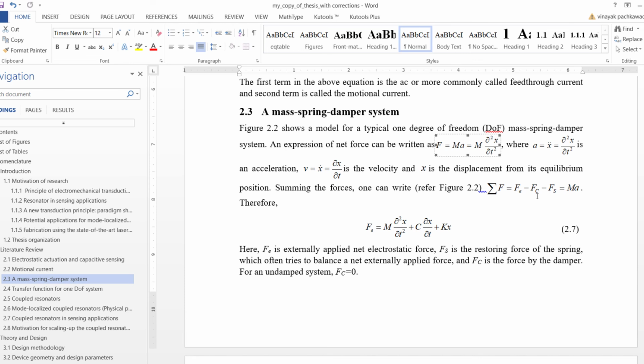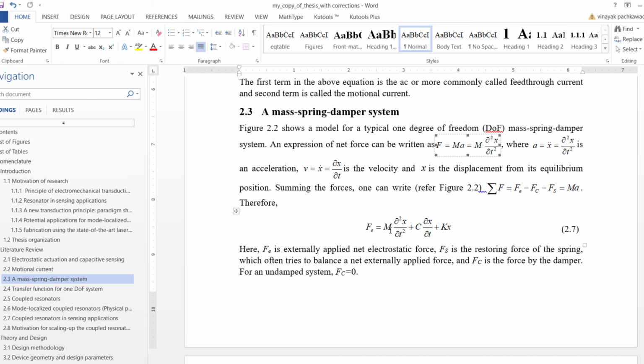And then this equation can be rearranged in this form, where we can write Fe equals Fc and Fs go to the right hand side of this expression.